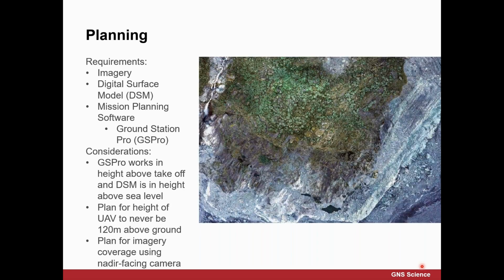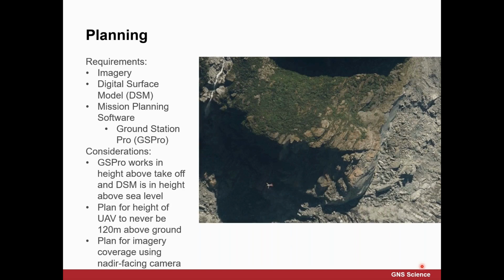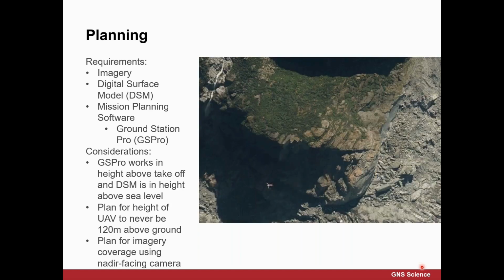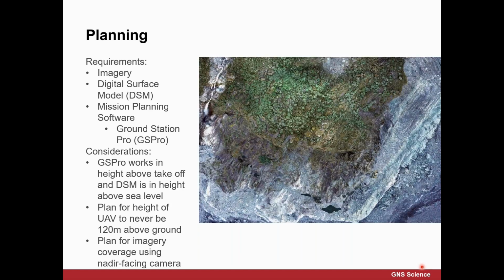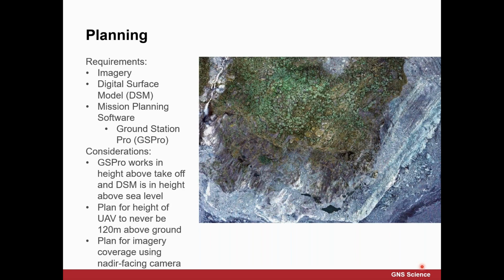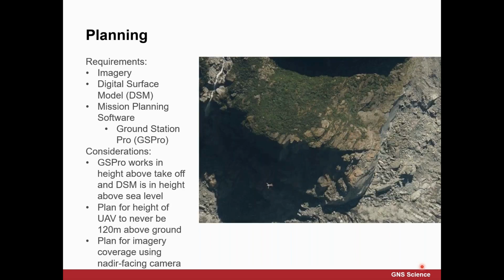Our mission planning software is height above takeoff point. But then we've also got to make sure that at any point we're not above 120 meters above ground level, directly below the UAV. Because otherwise we'll be breaking Civil Aviation Authority rules and regulations. So it's quite tricky when you've got undulating terrain like this.